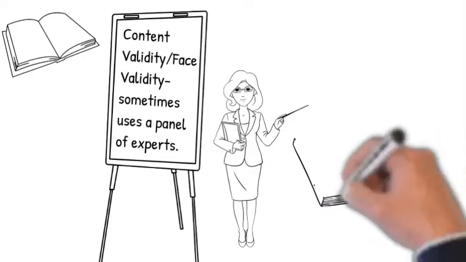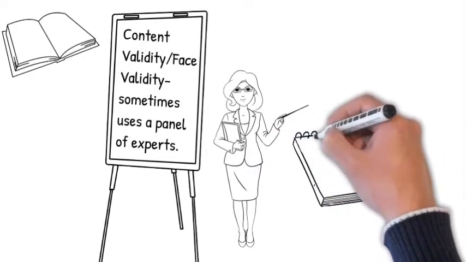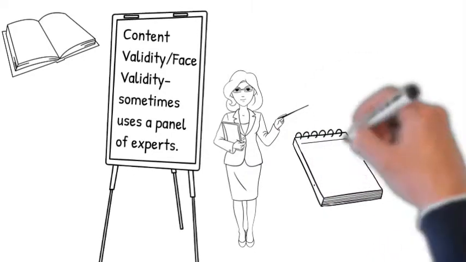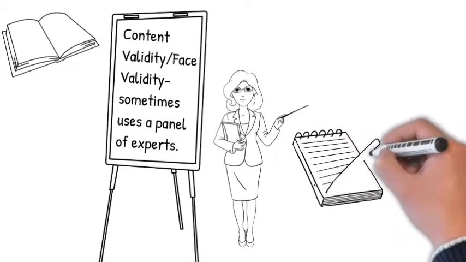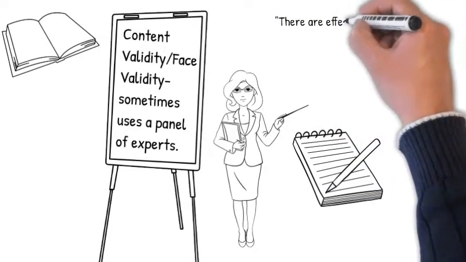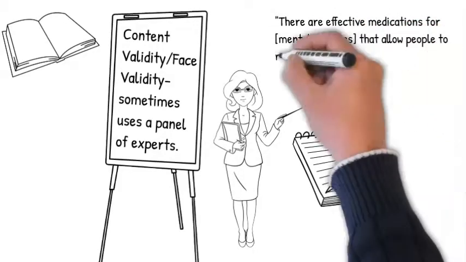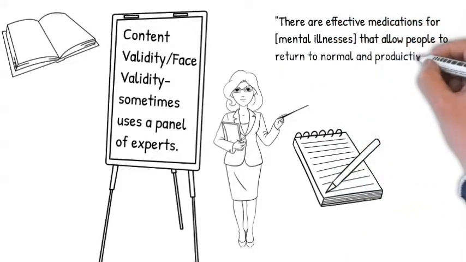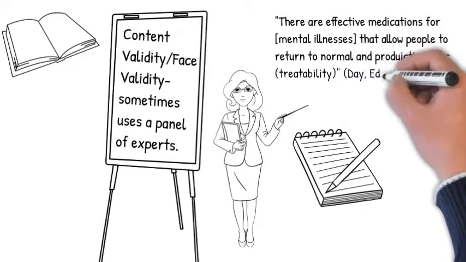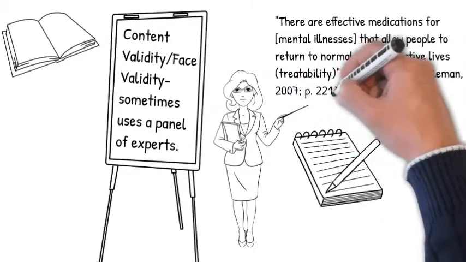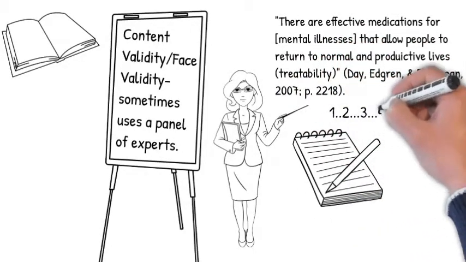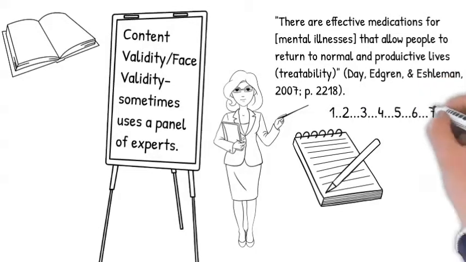It was called the Day's Mental Illness Stigma Scale. And one of the items on that scale is, there are effective medications for mental illness that allow people to return to normal and productive lives. This item measures treatability, and it's measured on a Likert type scale from 1 completely disagree to 7 completely agree.